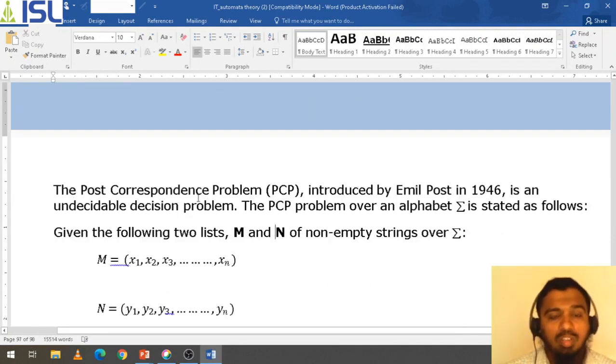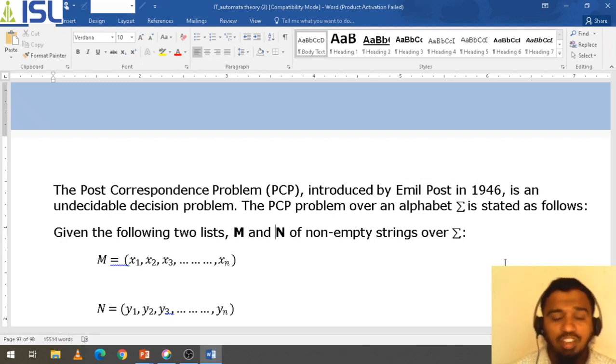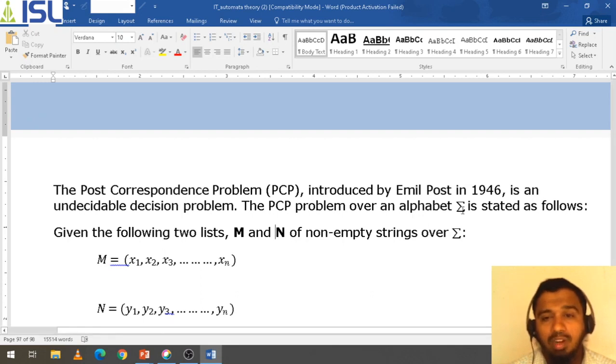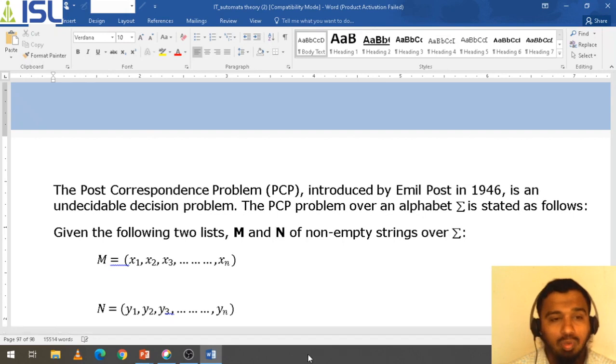The Post Correspondence Problem, PCP, introduced by Emil Post in 1946, is an undecidable decision problem. The PCP problem over an alphabet sigma is stated as follows.